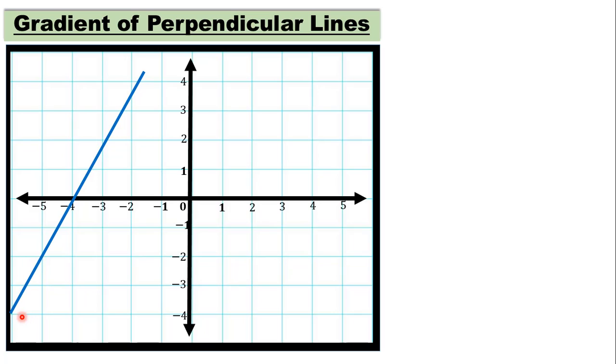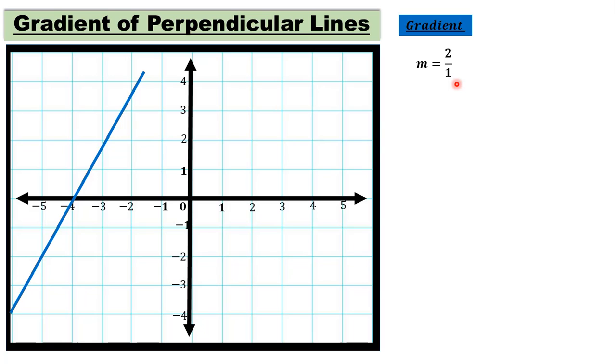In this particular case, it is moving 1 in x direction, for which there are 2 units in the vertical direction. So the gradient of this particular line is equals to 2 over 1. 2 in y direction, 1 in x direction, and I am purposely leaving it 2 over 1.